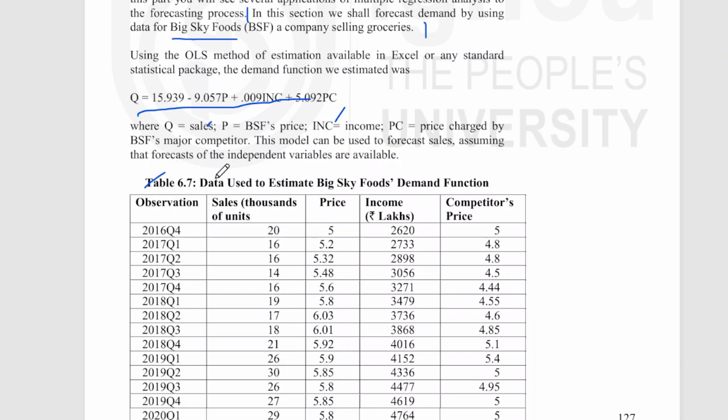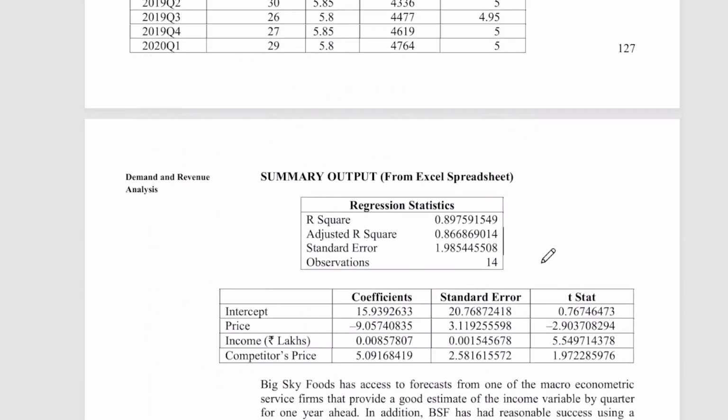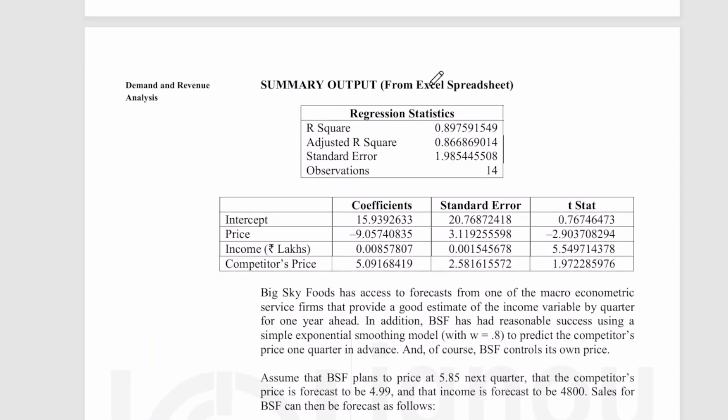So here is a table of the data used to estimate the Big Sky Foods demand function. Here are observation, sales, price, income, and competitors' price. And the summary output from the Excel spreadsheet shows the regression statistics, coefficients, standard error, and t-stat.